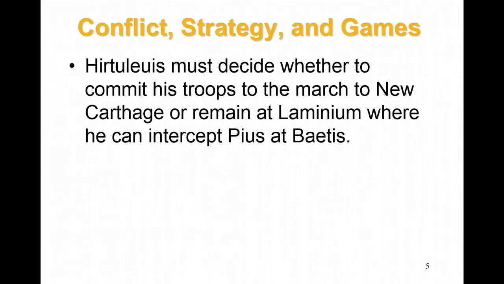Basically, Hertilius has got to decide to take his troops to New Carthage or stay at a river named Biaides in a city called Leminium. So he's got a two-part choice, either march to New Carthage or stay and fight at the river. And he's going to fight his rival called Pius.